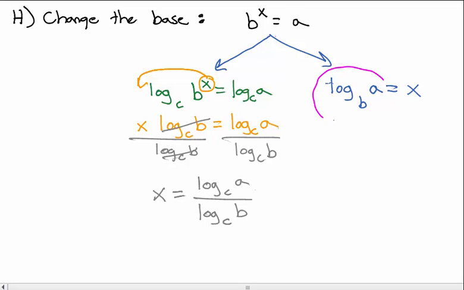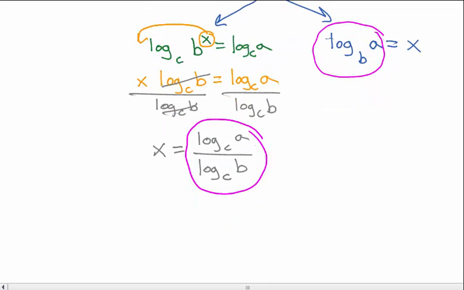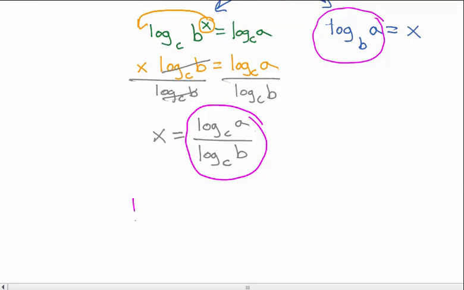Notice originally we said x was equal to log base b of a, but after our work we said it was also equal to log base c of a divided by log base c of b. So when we combine that together, we get log base b of a is equal to the log in a different base of a divided by log base c of b.